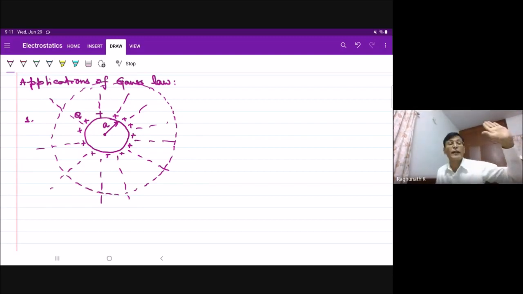I did not draw properly, but I'm telling that it is a concentric spherical surface. Because the distribution is similar. I don't know whether you are in a position to properly appreciate this statement or not. Please check it. Because of which we say that the field of this spherical charge exhibits spherical symmetry.